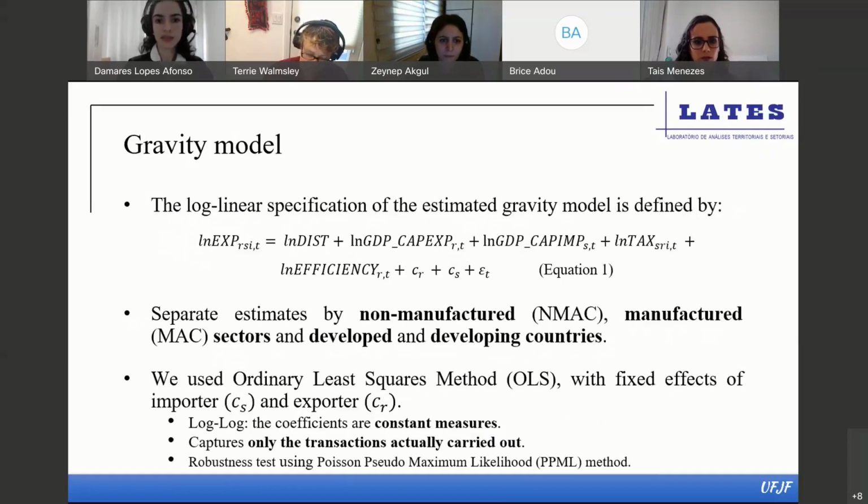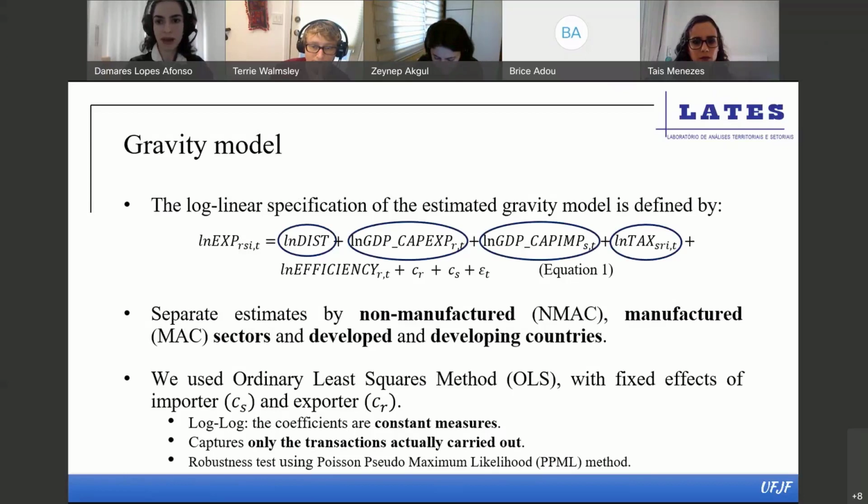The log linear specification of the gravity model is given by equation 1, where we regress exports on distance, GDP per capita of the exporting country, GDP per capita of the importing country, bilateral tariffs between countries, and two distinct indicators of institutional efficiency.